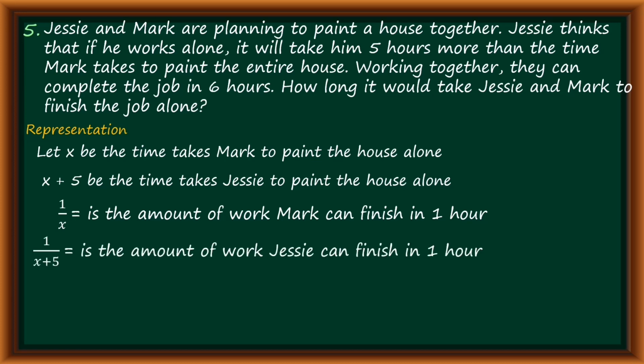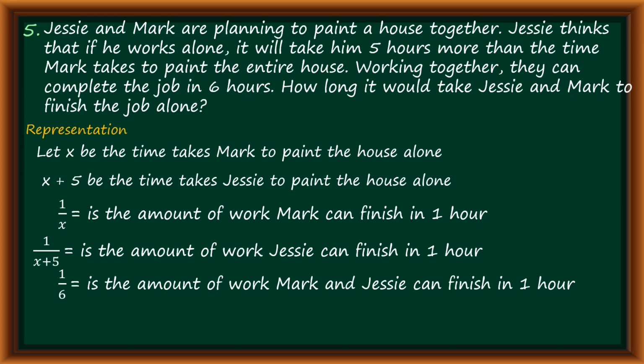Next, we have 1 over x plus 5 as the amount of work Jessie can finish in 1 hour. Working together, they can do 1 over 6. For the equation, we have 1 over x plus 1 over x plus 5 is equal to 1 over 6.